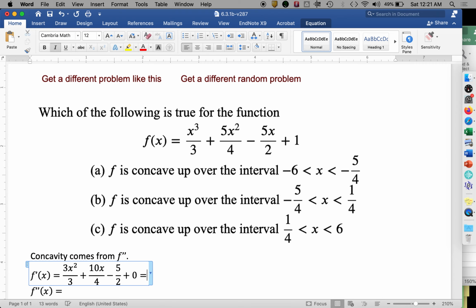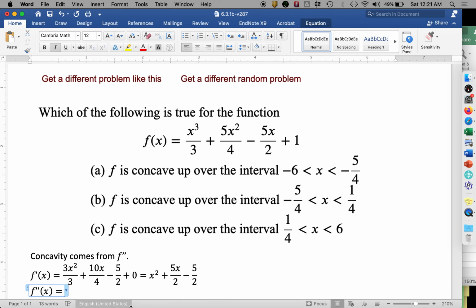Okay, so being a good math student, I'm going to simplify this. That's just going to be x squared plus 5x over 2 minus 5 over 2. Okay, now I need to do the next derivative, the derivative of the derivative.